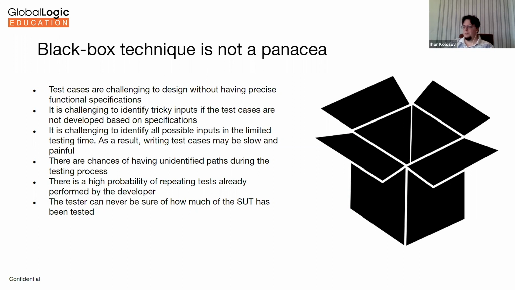Also, there is a high probability that you will create some duplicate scenarios covering something already tested by the developer. Maybe there are some interesting integration tests. You just don't know anything about that. And you actually can never be sure about your test coverage percentage, how much of the system under test has been tested.